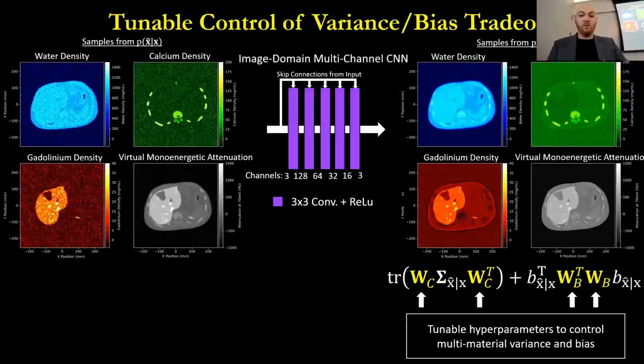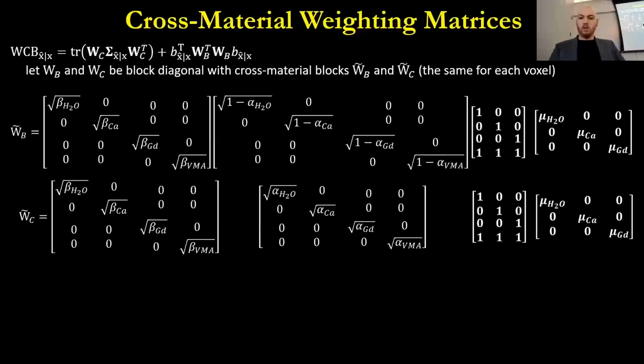So if you use a static loss function like mean squared error, you kind of get what you get. You don't have control over these multi-material variance-bias trade-offs. The goal in this work is to apply these tunable neural networks to control these multi-material variance-bias trade-offs.